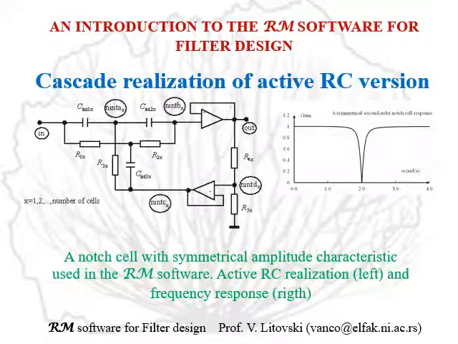Here is an example where a notch or band stop cell, which has a symmetrical amplitude characteristic, is shown. As one can see, there is a large number of circuit elements, which means in general cascade realization may be quite a complex circuit.